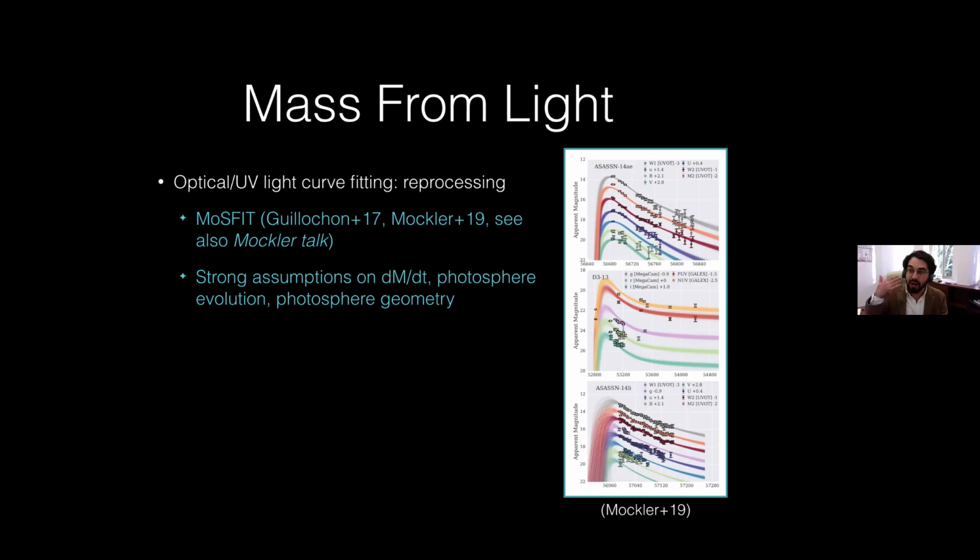So we have to make phenomenological assumptions about these things if we want to back out black hole masses from optical light curves. The same is true for theoretical models which assume that the optical emission is shock powered.